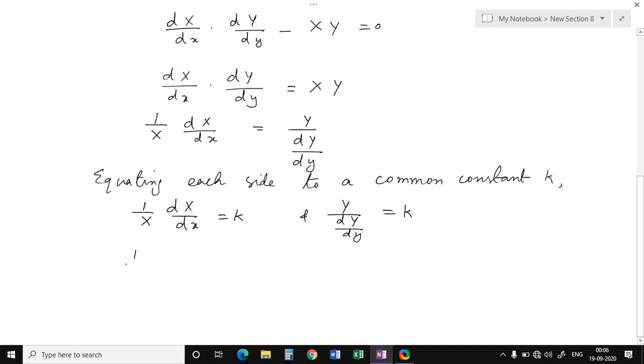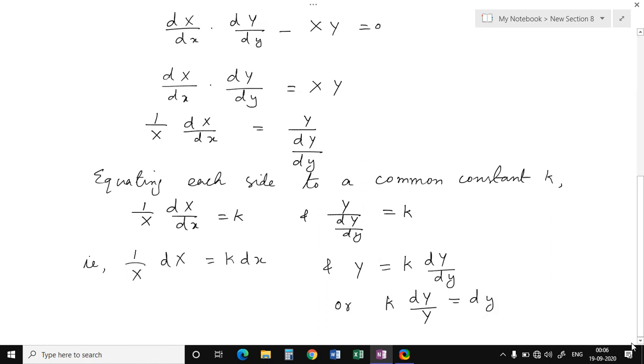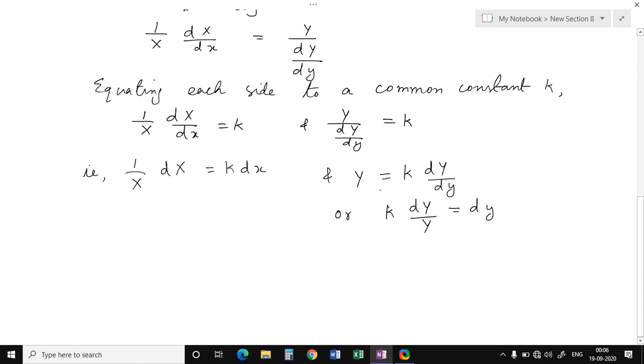We can rewrite this one like this: 1 by X dX equal to k dx, and here I'll write this as Y equal to k dY by dy, which is the same as k dY by Y is equal to dy, or I can write this as dY by Y equal to 1 by k into dy.